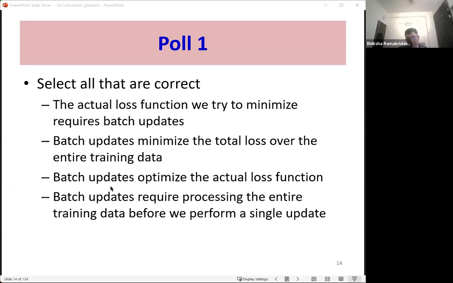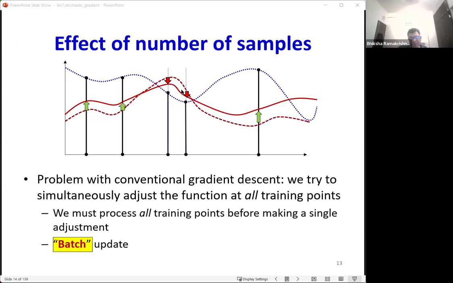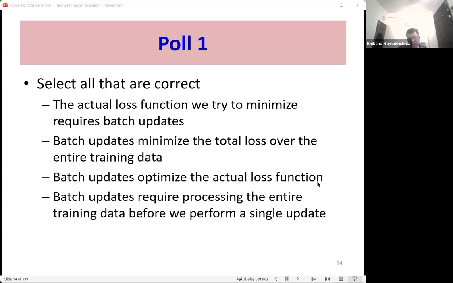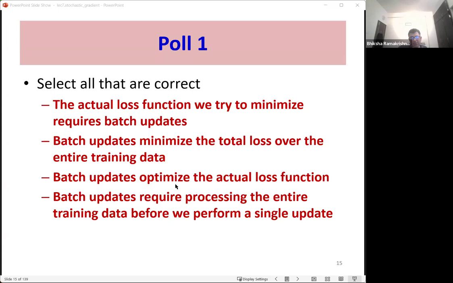What is the actual loss function? It is the average divergence over the entire training set, correct? And batch updates are correcting over the entire training set. So this is in fact the correct thing that you would be minimizing, right? Fourth statement, batch updates require processing the entire training data before we perform a single update. True. So all of these statements are true, right?